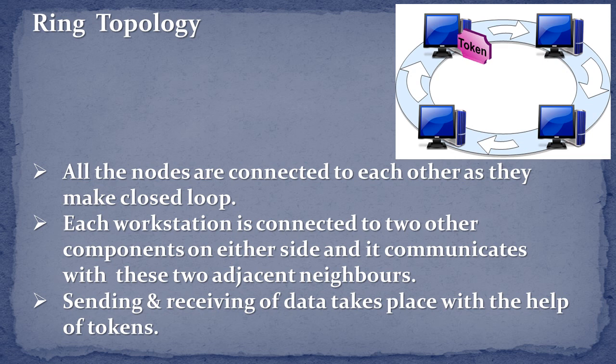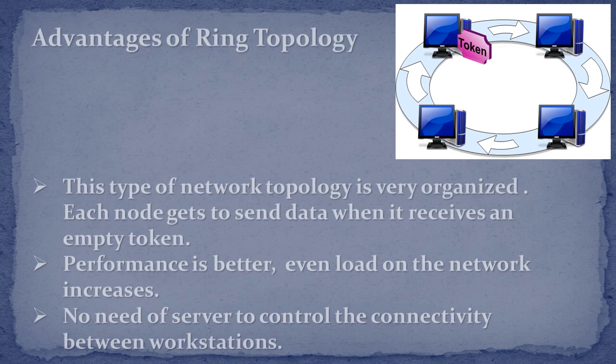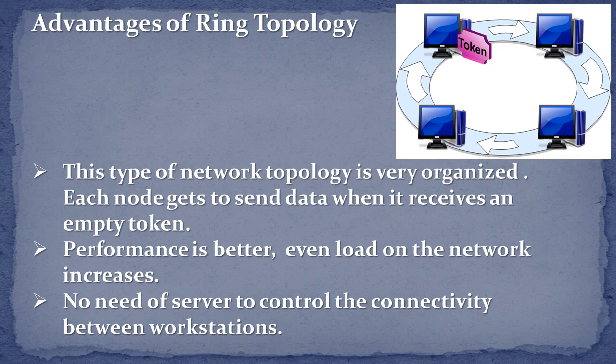What about advantages? This type of network topology is very organized. Each node gets to send data when it receives an empty token. Performance is better, even when load on the network increases.